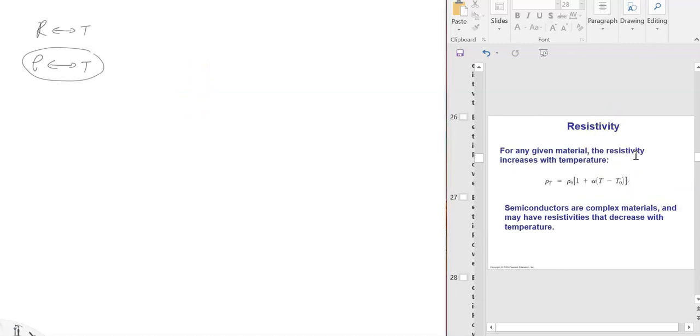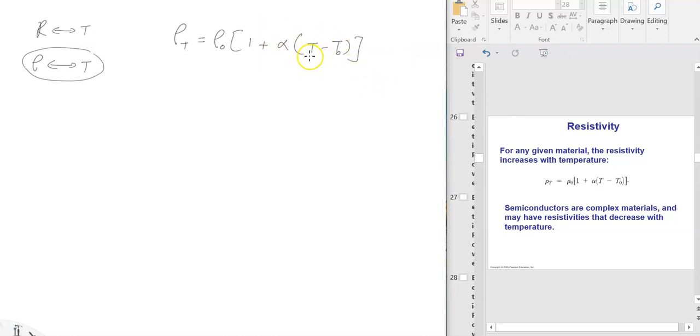Let's go to the next slide. Resistivity increases with temperature and is given by this equation: rho T equals rho naught, open bracket, 1 plus alpha, open bracket, T minus T naught, close brackets.